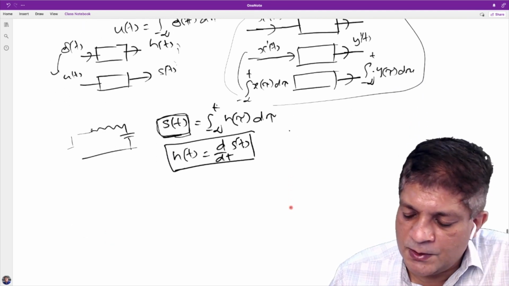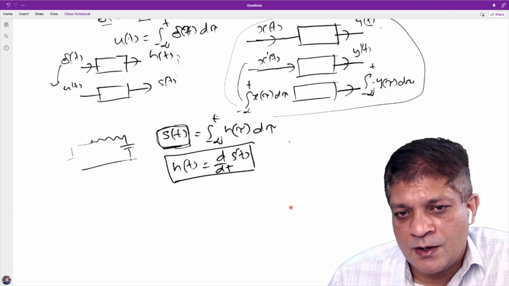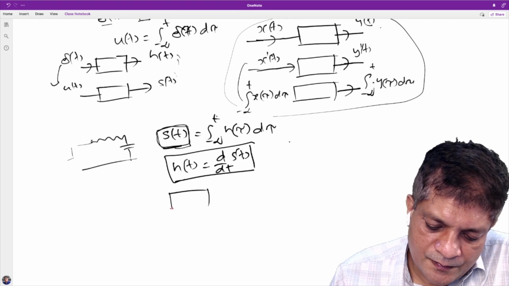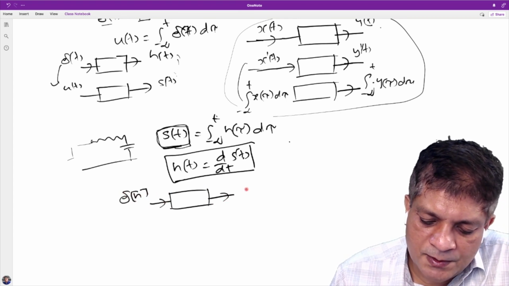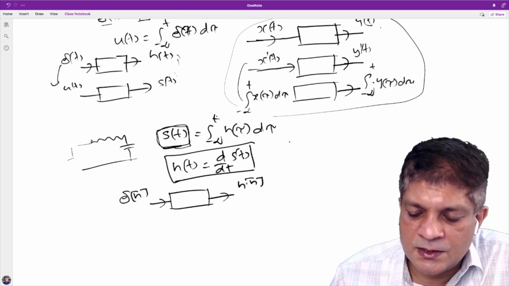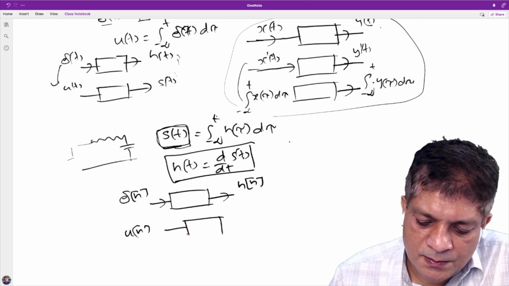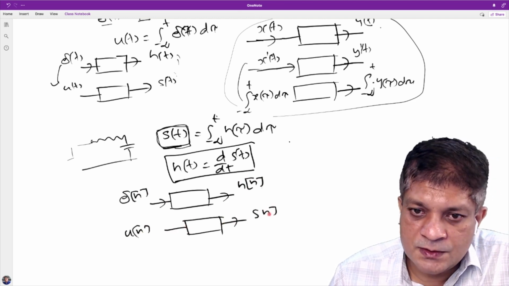And what is the corresponding relation in the case of a discrete time system? If you give delta[n], the discrete time impulse, as the input, let us denote the output by h[n]. Then with u[n] as the input, I denote the output by s[n].